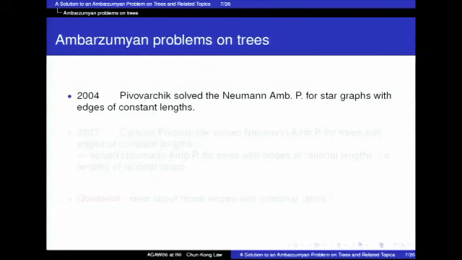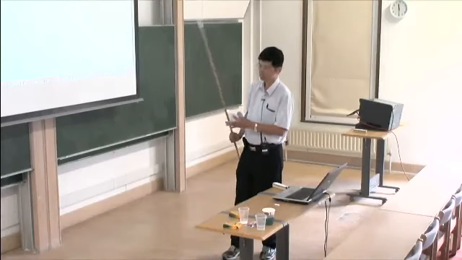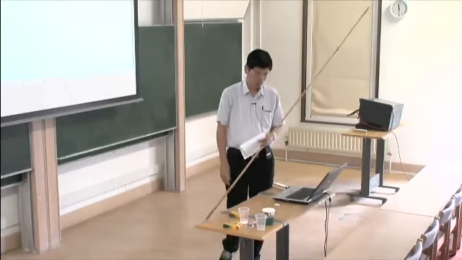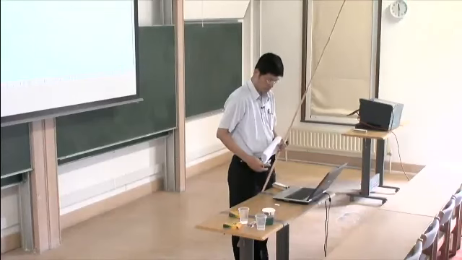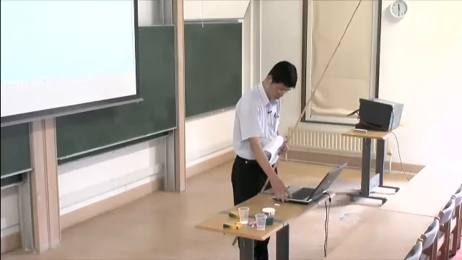And in 2004, Pivovarchik showed that for the star graph, for the Neumann Ambarzumyan problem, if the edges have the same length, then the set of eigenvalues determines the potential function, namely Q is 0.